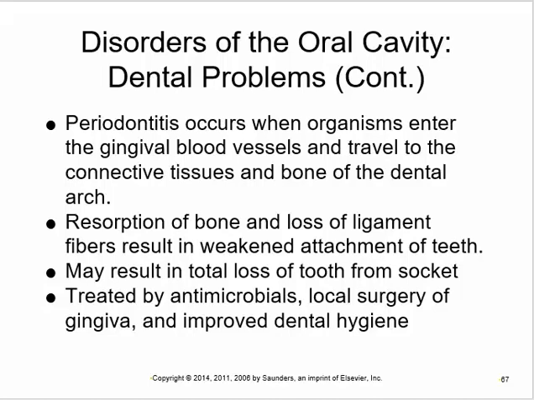The bone reabsorbs, the ligaments loosen or get reabsorbed and they're missing, and the tooth will fall out. Generally speaking, if one falls out, then the neighbors are probably in trouble too.